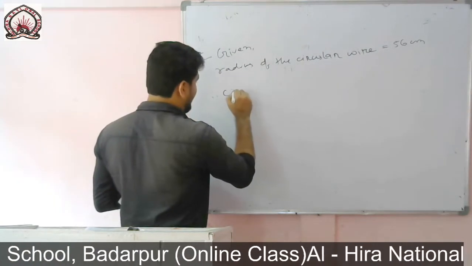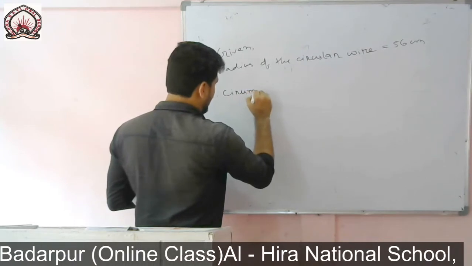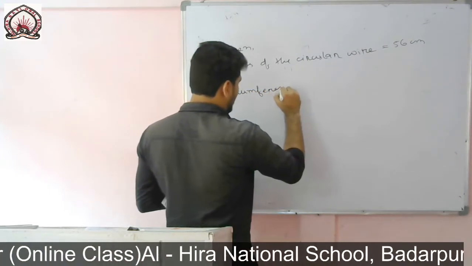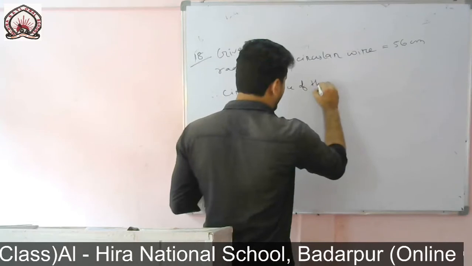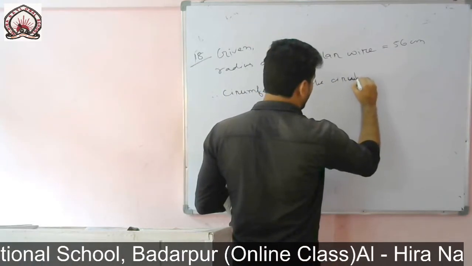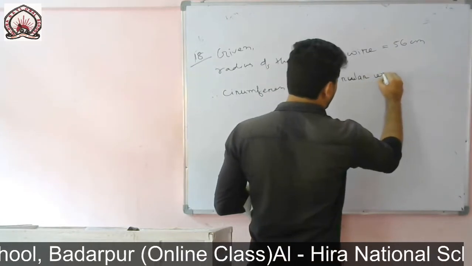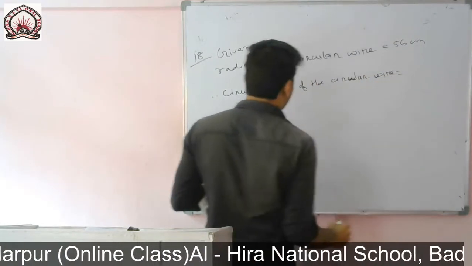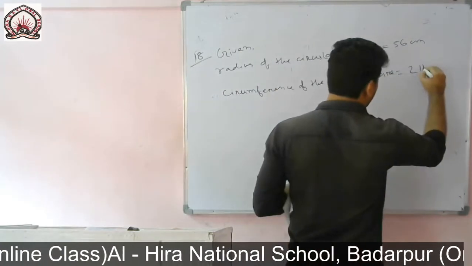Therefore, circumference of the circular wire will be 2 pi r.